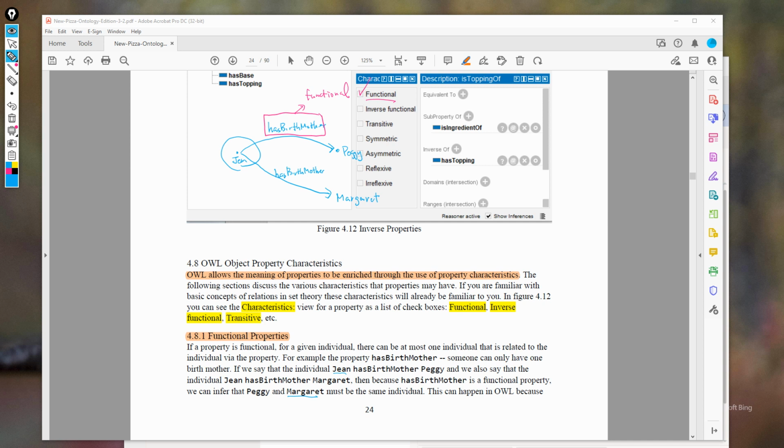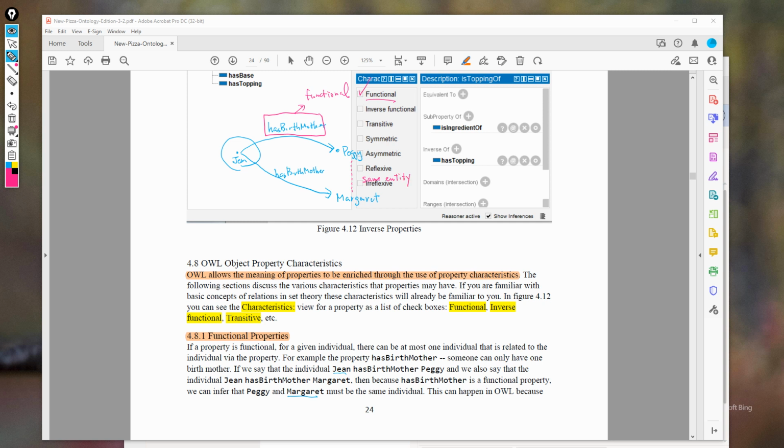Since we declared hasBirthMother as functional, when you run Protege with a reasoner, the reasoner infers that Peggy and Margaret are the same person. These two individuals are the same entity.